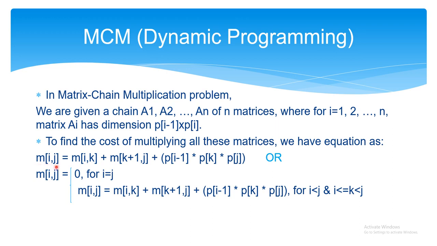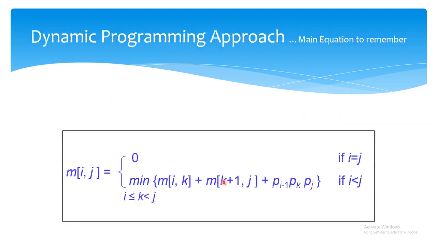The equation is Mij equals Mik plus Mk plus 1 comma j plus Pi minus 1 into Pk into Pj. Unless and until we go through one example, the equation will not be clear to you, so wait till we take one example, and then I will show you how to use the M table and H table. This is the equation that you require to remember.